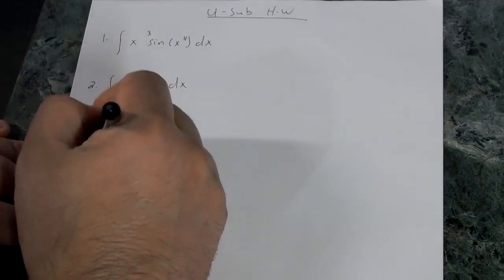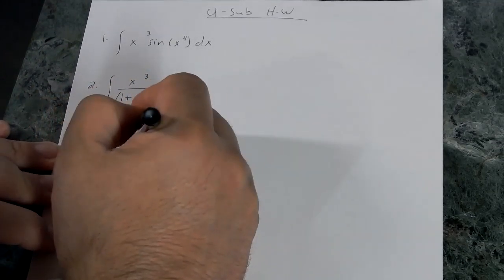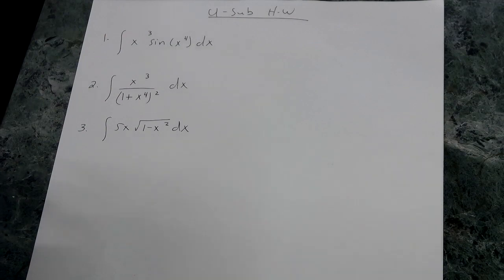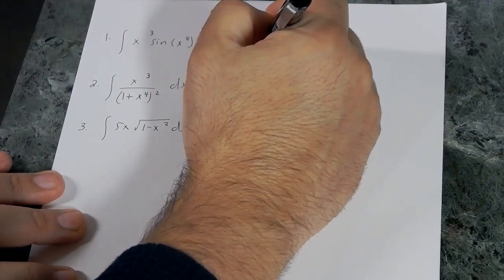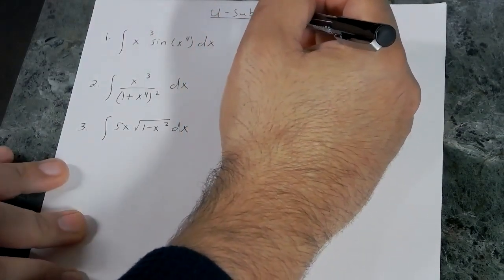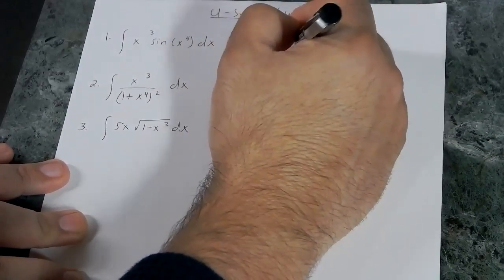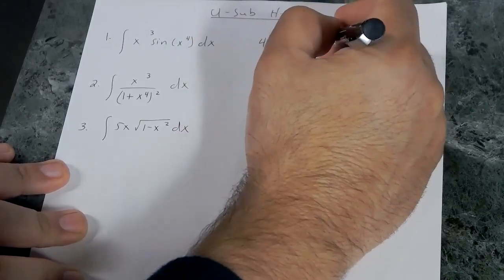I want you to integrate 5x square root of 1 minus x squared dx. I also want you to integrate x plus 1 square root of 2 minus x.